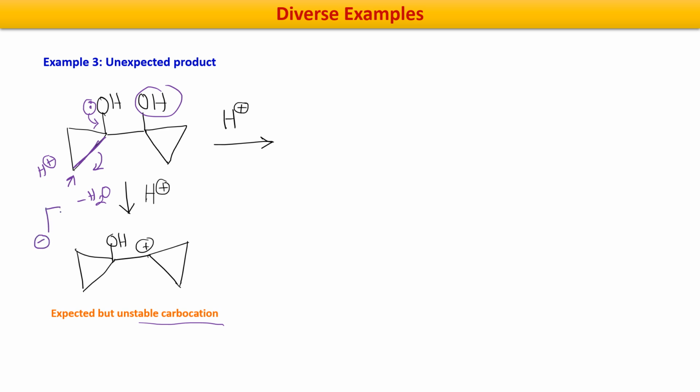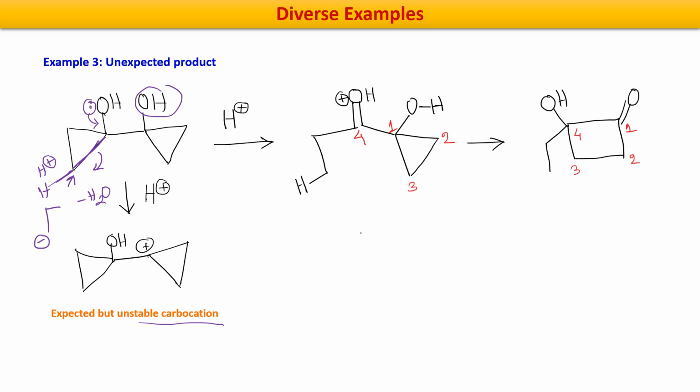Ultimately you will get a CH bond here. Now I have marked the carbons 1, 2, 3, 4 because one of the CC bonds will be shifting. This 1,3 bond will be shifting here, and you will be getting a 4,3 bond. So this is the newly generated bond, and the 1,3 bond is broken. So the final molecule is converted to a 4-member ring.